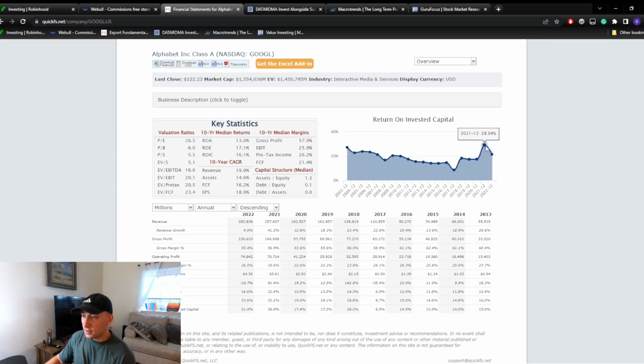And on this chart, you can see it's had some spikes as well, 2021, and still way above its average in 2022. I can also see what their 10-year revenue growth is, 19.9% over the past 10 years, and their earnings per share growth. So these are all things that I can look at to see whether the company is doing very well or not. Now, I do like these numbers, okay? But that doesn't mean I'm going to just flat out buy the stock.